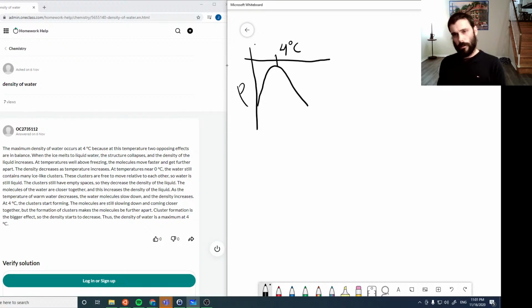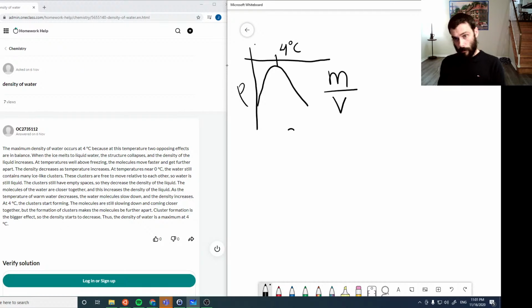So density, just to start off, is an average quantity over a volume. What we're talking about is an amount of mass divided by some volume, right?